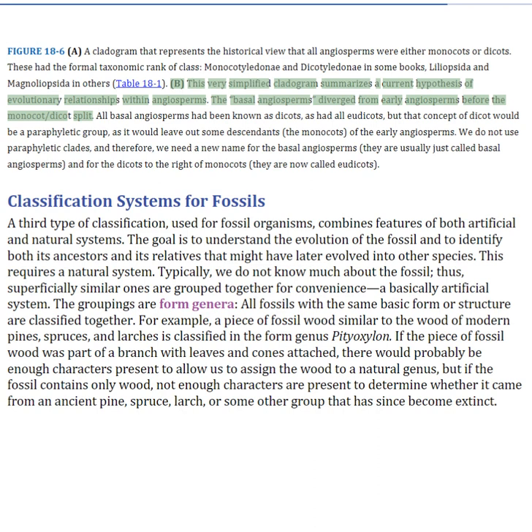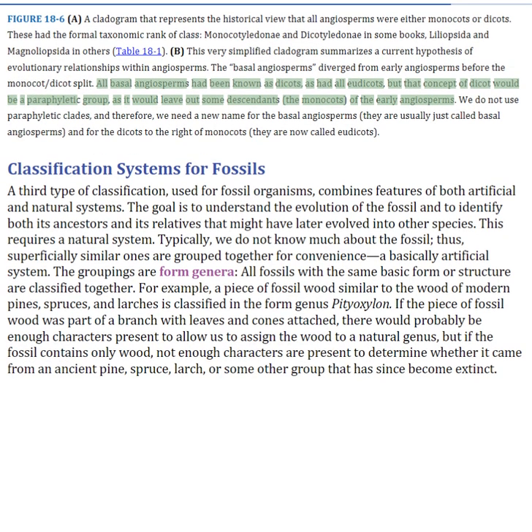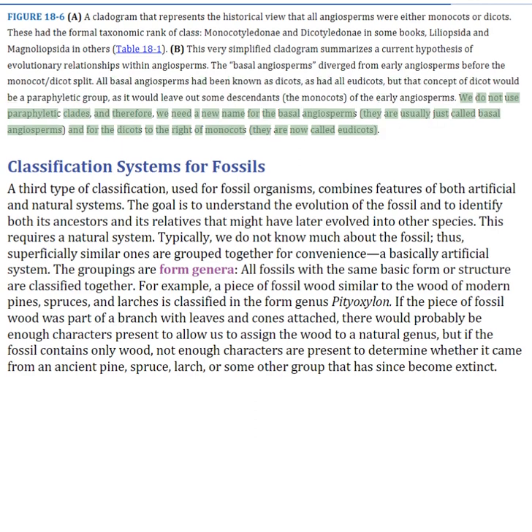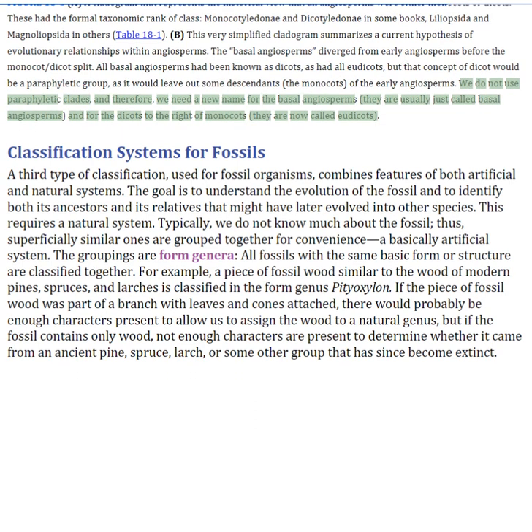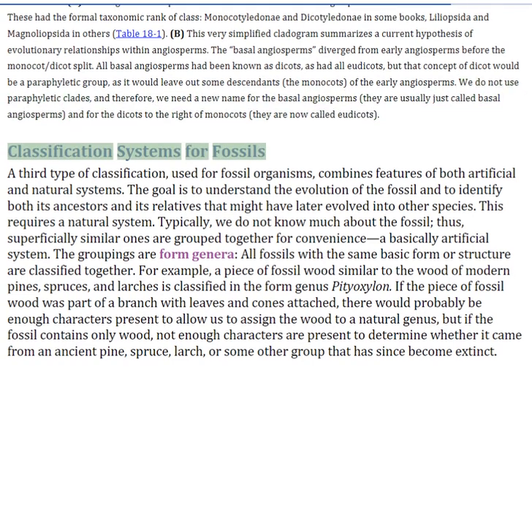The basal angiosperms diverged from early angiosperms before the monocot-dicot split. All basal angiosperms had been known as dicots, as had all eudicots, but that concept of dicot would be a paraphyletic group, as it would leave out some descendants of the early angiosperms. We do not use paraphyletic clades, and therefore, we need a new name for the basal angiosperms and for the dicots to the right of monocots.